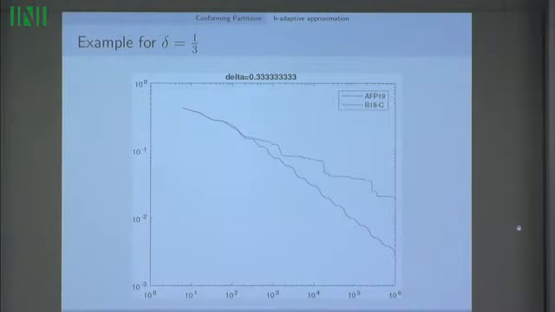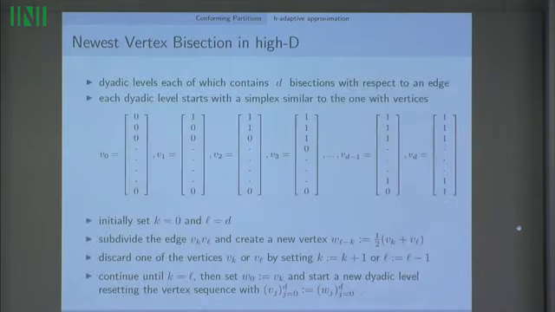So in order to do that for n dimensions, I'll go for the nearest vertex bisection for the high dimensional way. That goes in the following way. We have the standard simplex.